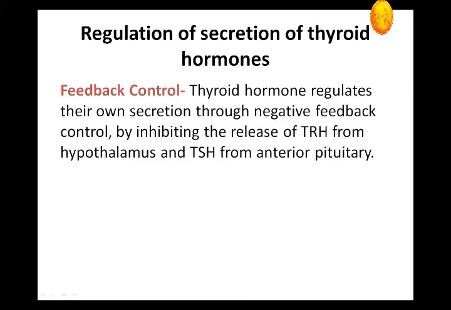Then again on the central nervous system. It's very, very important to maintain the central nervous system. When you compare the normal person with the hyperthyroid person, in hyperthyroidism the secretion is increased. So what I am telling is that thyroid hormone maintains the integrity of the central nervous system. When thyroid hormone is increased, there is hyperexcitability of the central nervous system.